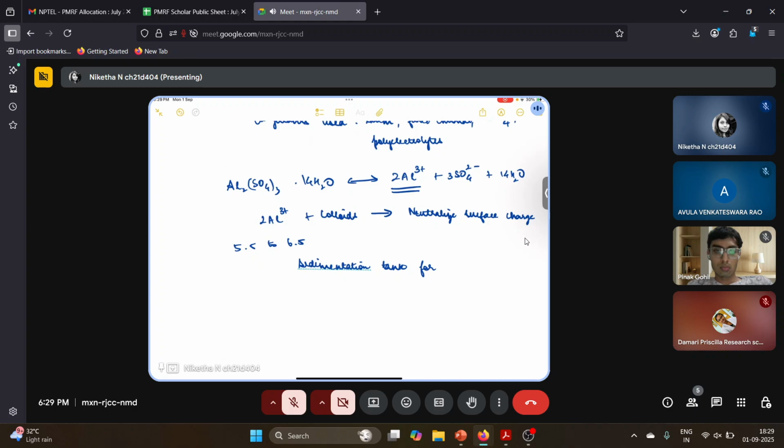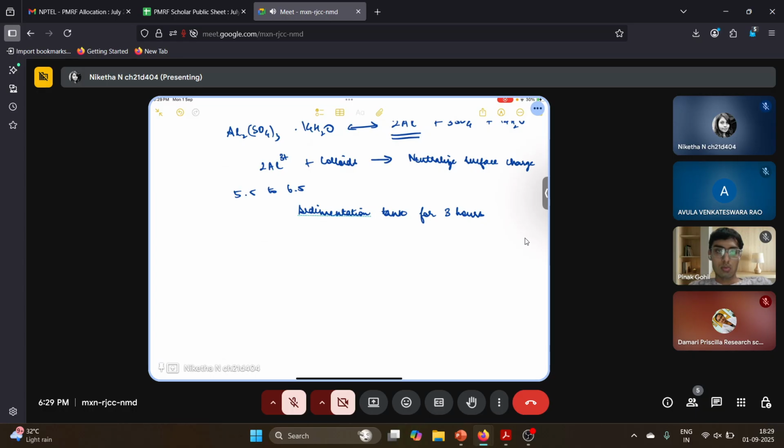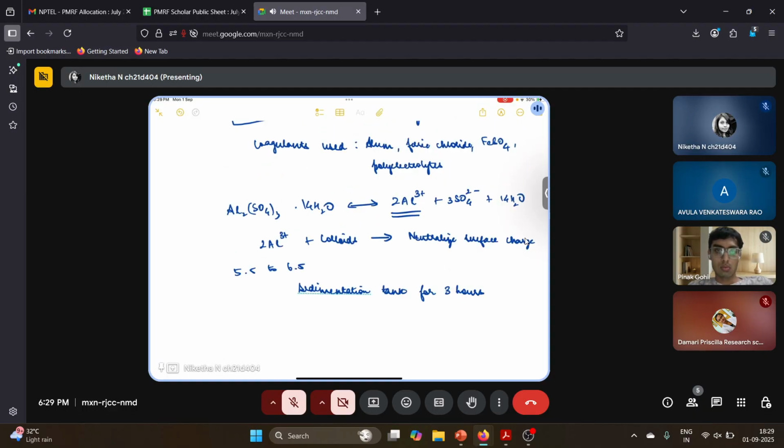So I think you got confused between a flocculator and a sedimentation tank. Yes, ma'am. Okay, so first there is rapid mixing of alum, followed by flocculation, and then it is allowed to settle down.